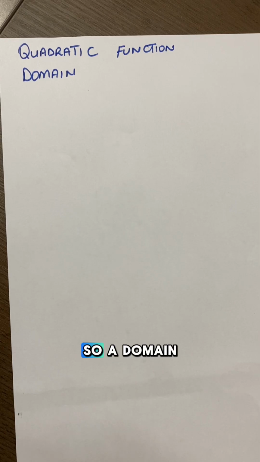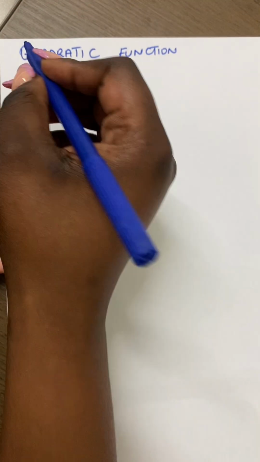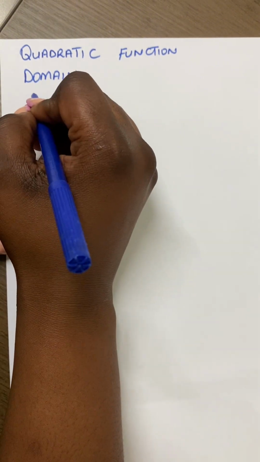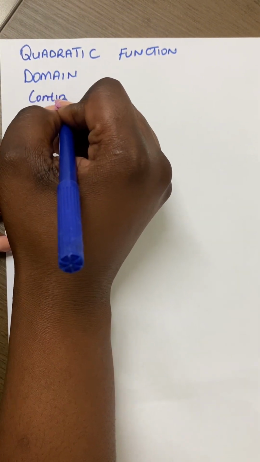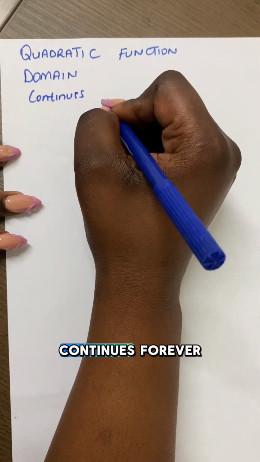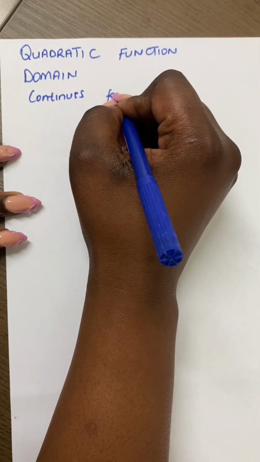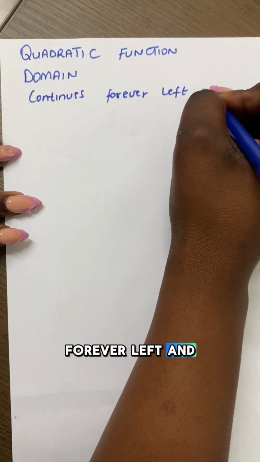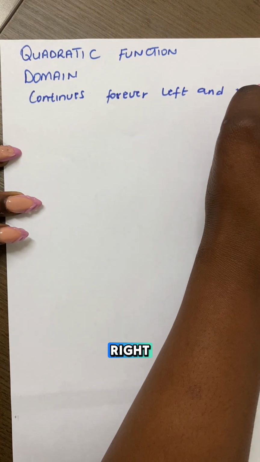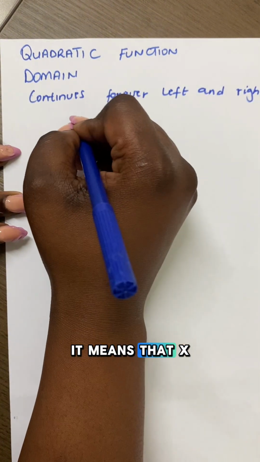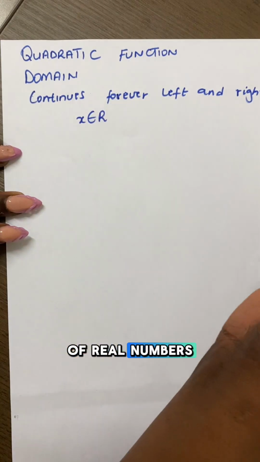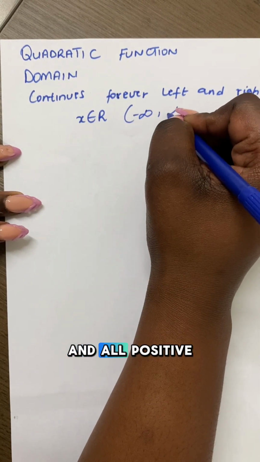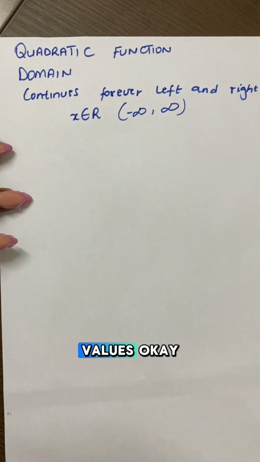A domain in a quadratic function means that the graph continues forever left and right. It means that x is an element of real numbers, all negative values and all positive values.